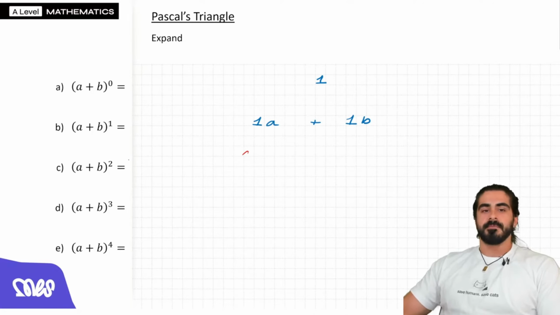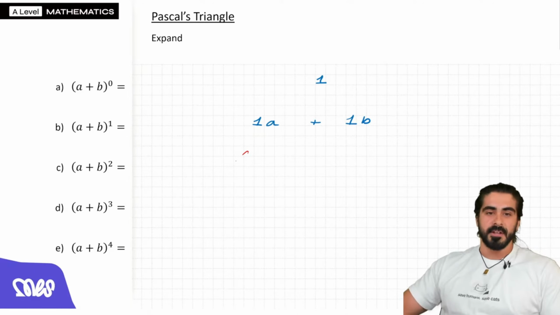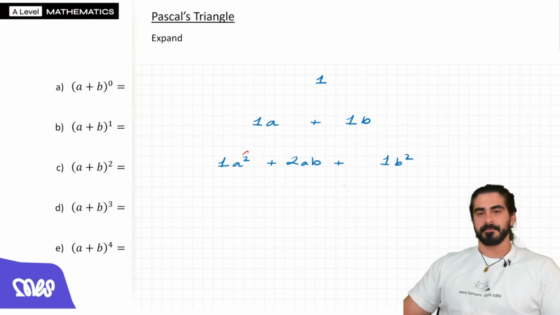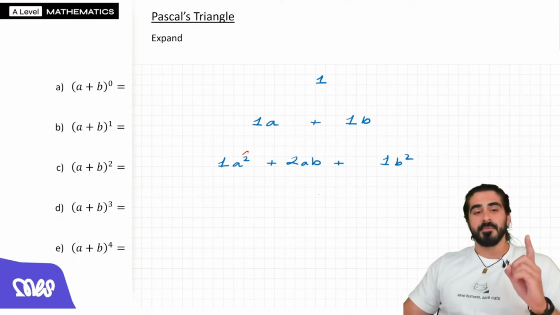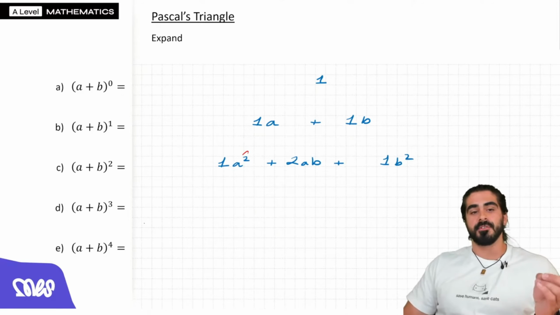When we square it, I'm not going to write the two brackets, but if you were to write the two brackets, you would get 1a squared plus 2ab plus 1b squared at the end. Now, as you get good at binomial expansion, you're going to be able to do what I'm going to do now.